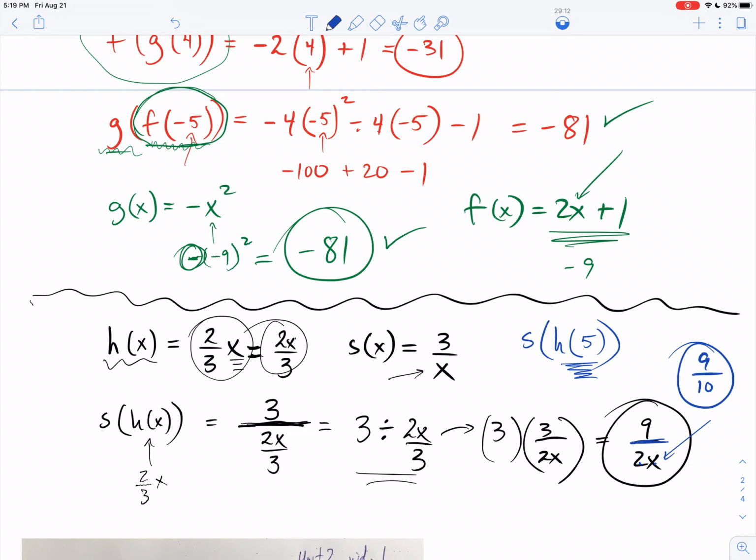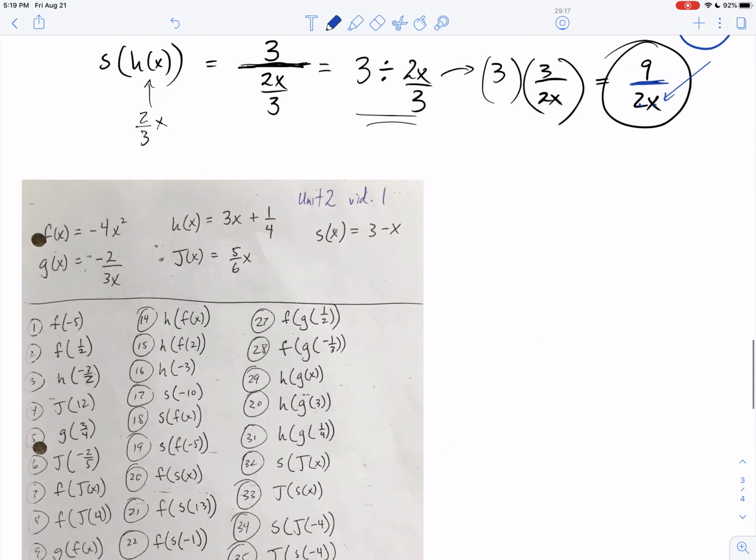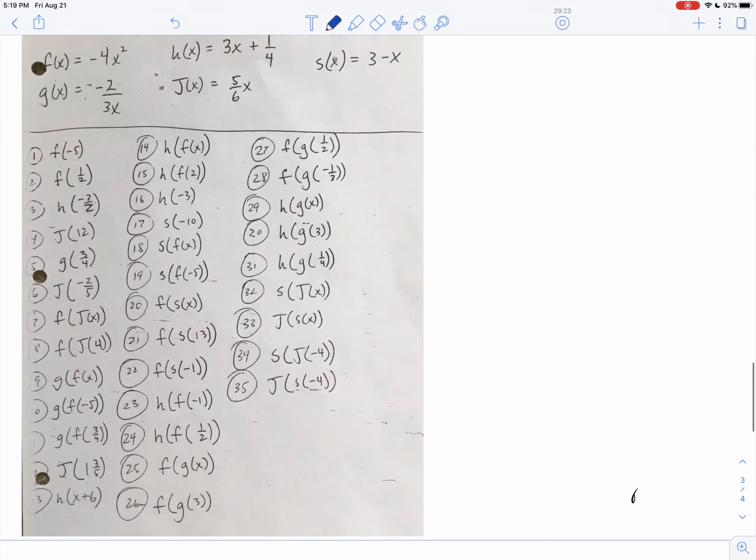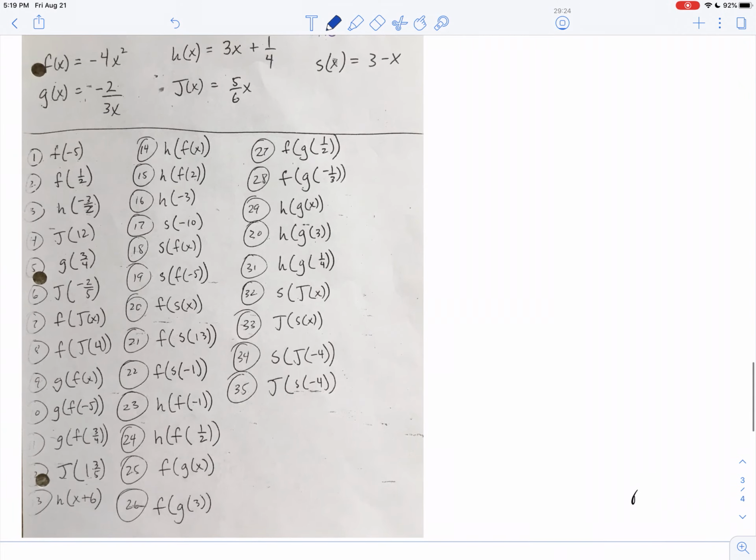So here's what I want you to see. I want you to see the practice problems. Here they are. We're in Unit 2, Honors Alg 2. So here we go. I have 35 questions, but don't freak out and go, that's a lot of work.